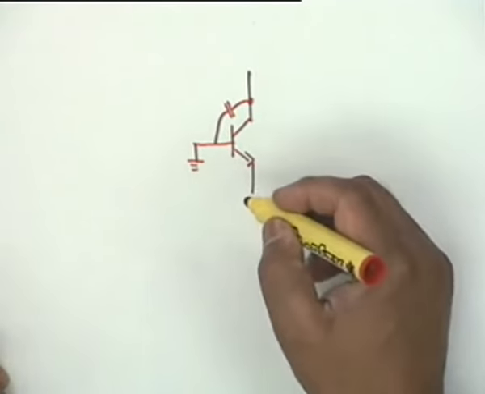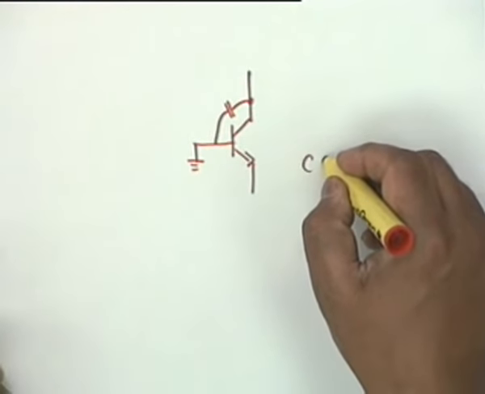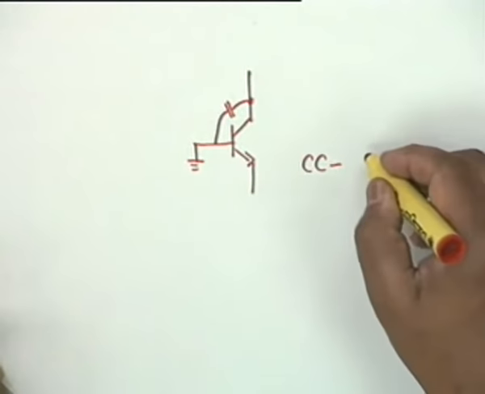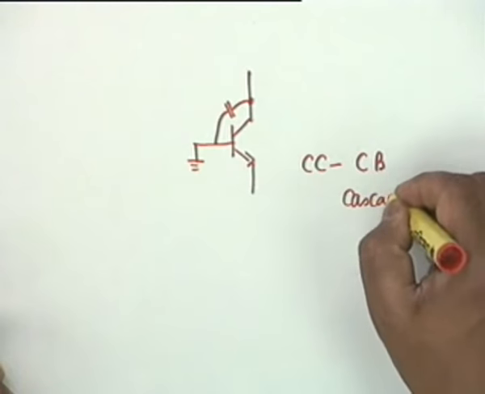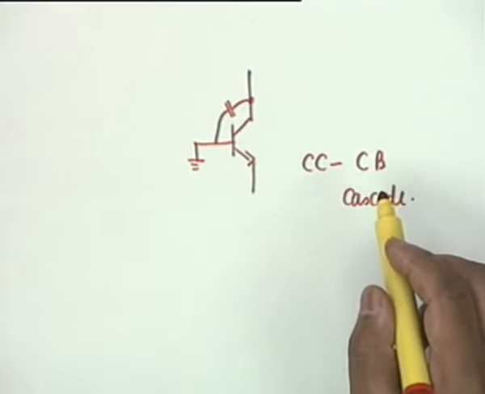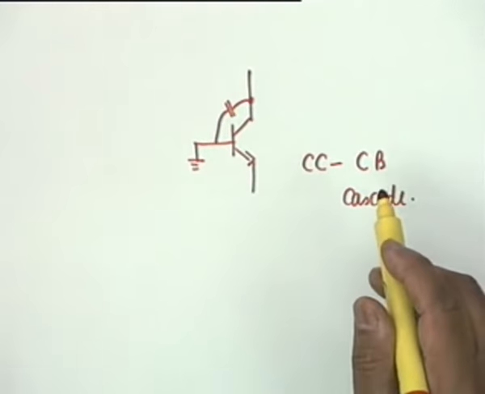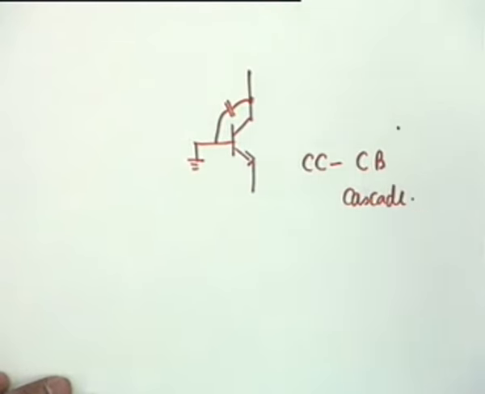So what one does is two possible circuits. One is a CC, CB cascade. Okay, two transistors are used. A common collector stage is cascaded to a common base. Now in a common base, C mu comes in parallel with the load, so there is no Miller effect.